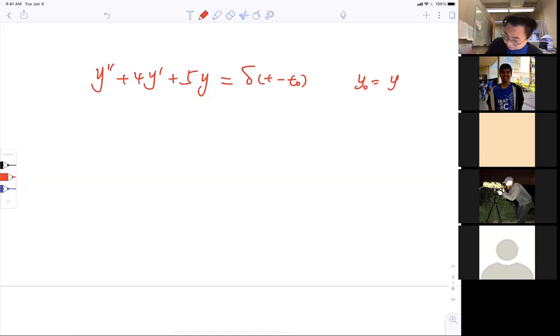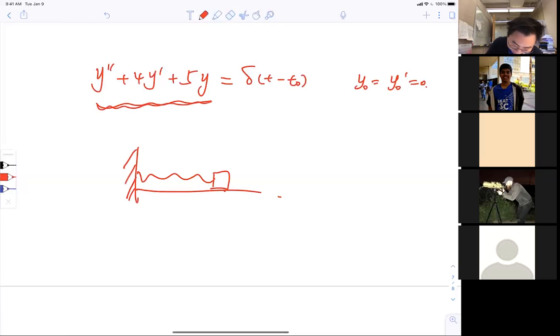Basically, you can always understand this kind of differential equation using the simple harmonic oscillator. This term tells you the frequency is the square root of 5, right?